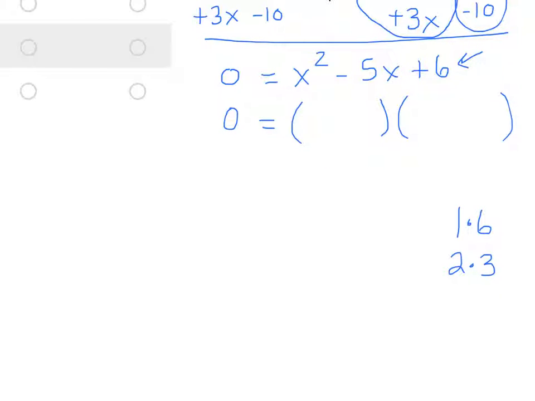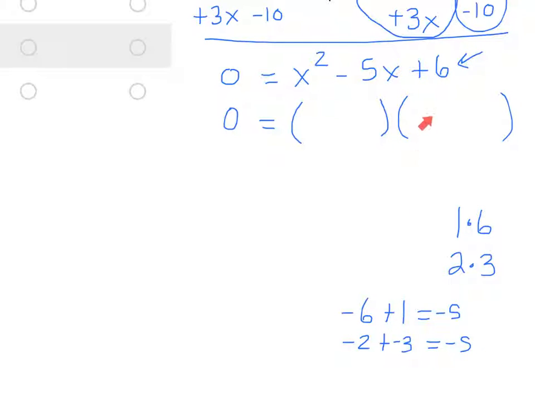Now, I could use either of these and my result be negative 5. Watch, I could say negative 6 plus 1 and that gives me negative 5. And I could do negative 2 plus negative 3 and that also gives me negative 5. Right? But let me ask you this. What is negative 6 times 1?